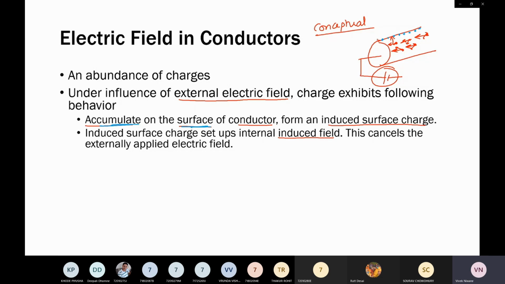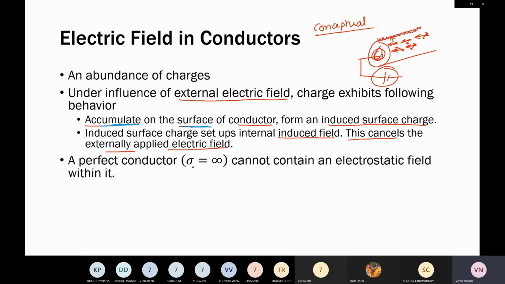ये जो charges तैयार हो रहे हैं on the surface, they have their own electric field, and this electric field is going to cancel the externally applied electric field. Okay, कहाँ पे cancel करने वाला है? ये inside में. A perfect conductor, which does not exist practically but as a theoretical assumption, has conductivity equal to infinity.